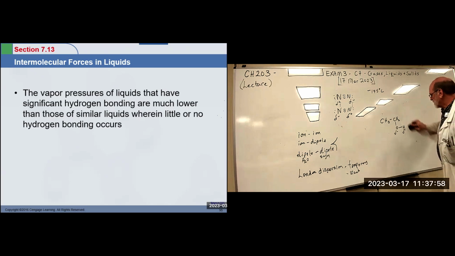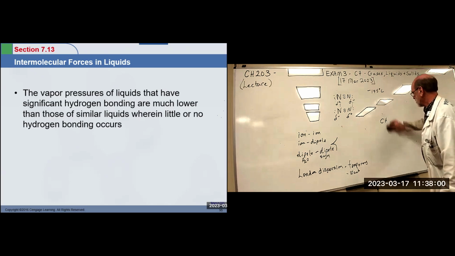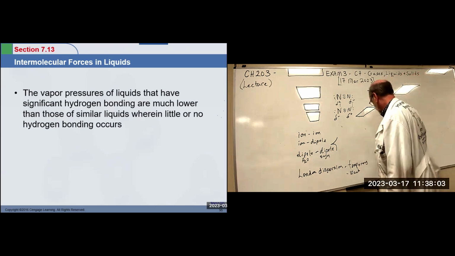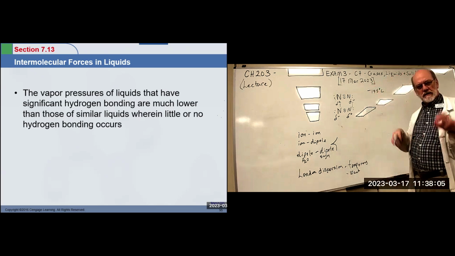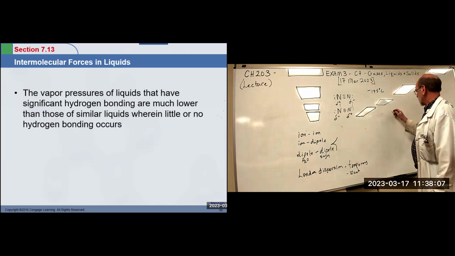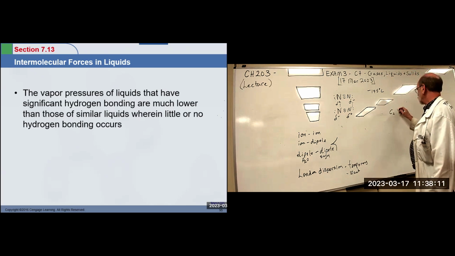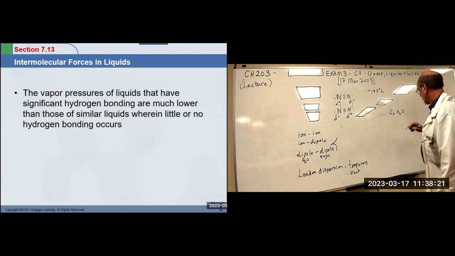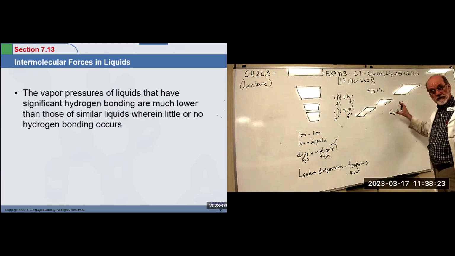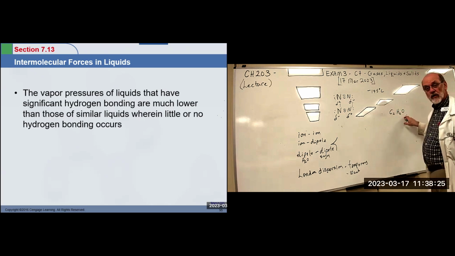Not just water, but let's say we have two molecules. We have this molecule, the formula C2H5O.